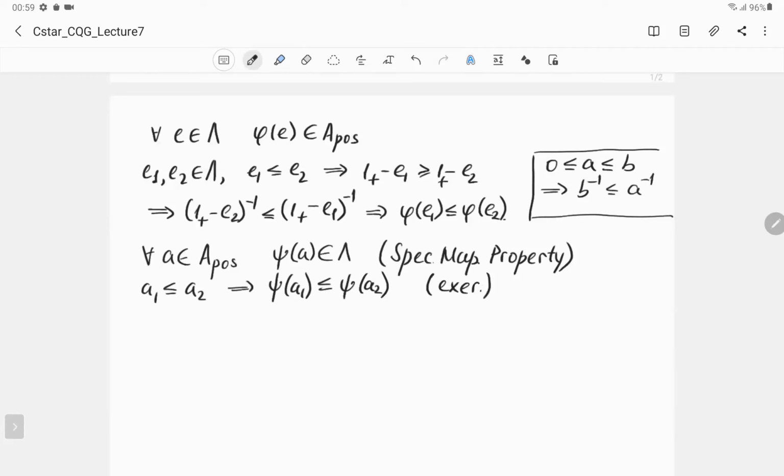So we have two maps now, phi and psi. Phi acts from lambda to the positive cone. Psi acts in the opposite direction. And now the superposition property shows that they are inverse to each other.